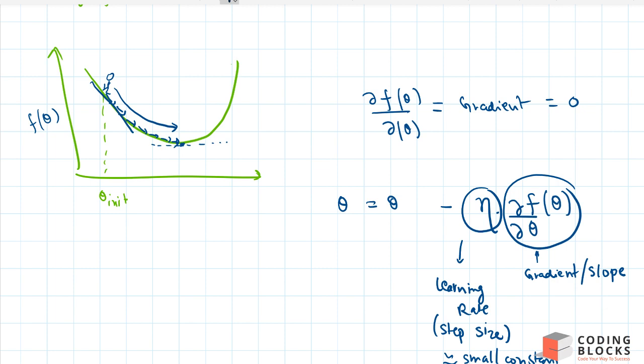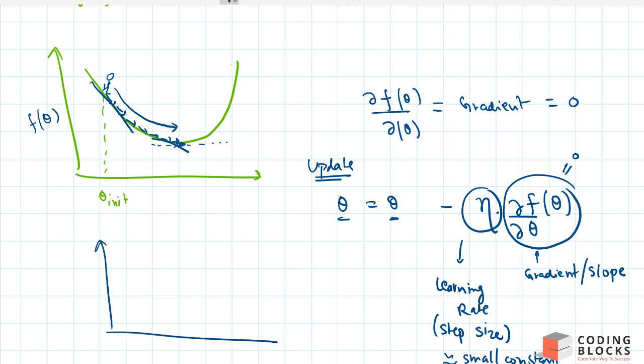So what will happen is, if you are initializing from this and you use this update, you will slowly move towards your minima. And when you come to this point, this value will become close to 0, so the slope will reduce and your theta will change very little, almost 0, right?